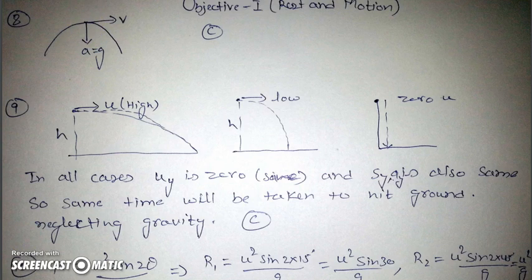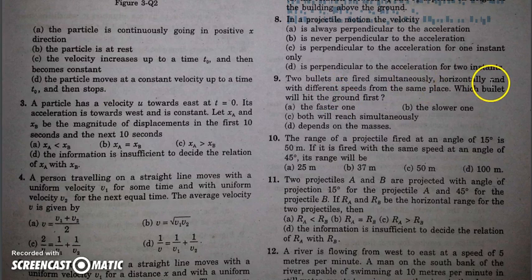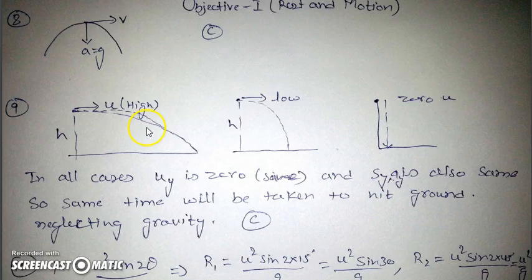Okay. Two bullets are fired simultaneously horizontally with different speeds from the same place. Which bullet will hit the ground first? Obviously, both will reach the ground simultaneously because they will have the same parameters in the y direction. Let's say this has high velocity in x, this has low velocity in x, but in y they have the same zero velocity.